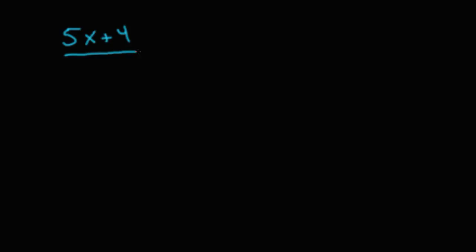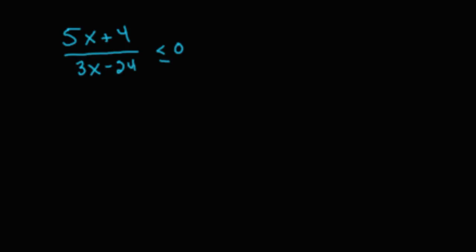So the next question that we're being asked, similar to that, is: we've got the inequality (5x plus 4) divided by (3x minus 24) is less than or equal to 0.